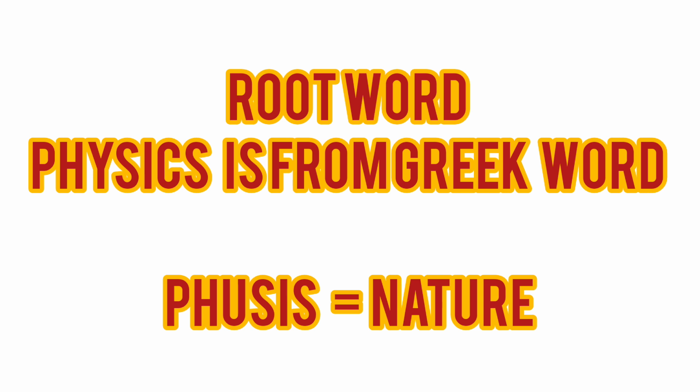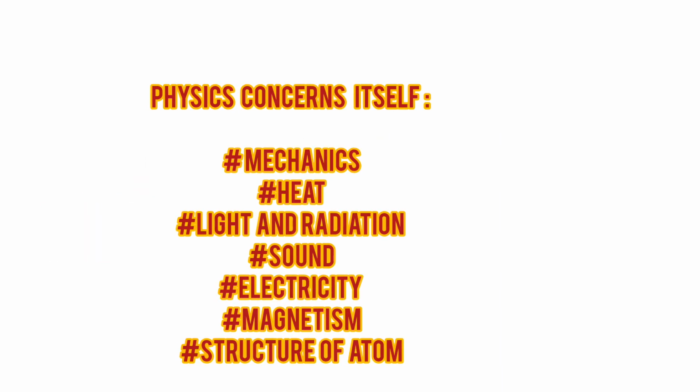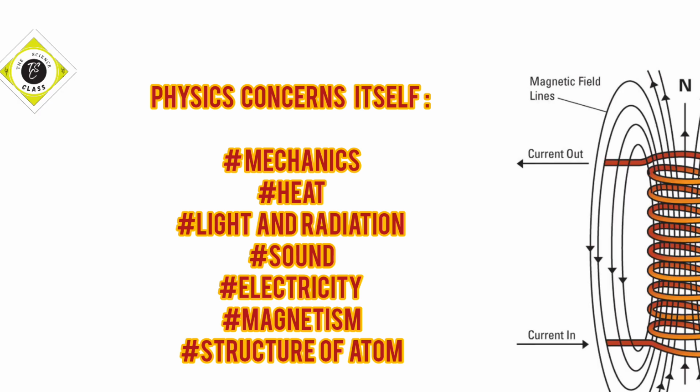The root word physics is from a Greek word meaning nature. And matter, as I said, is anything that has weight and occupies space. Physics concerns itself with mechanics, heat, light, and other radiation, sound, electricity, magnetism, and the structure of the atom.